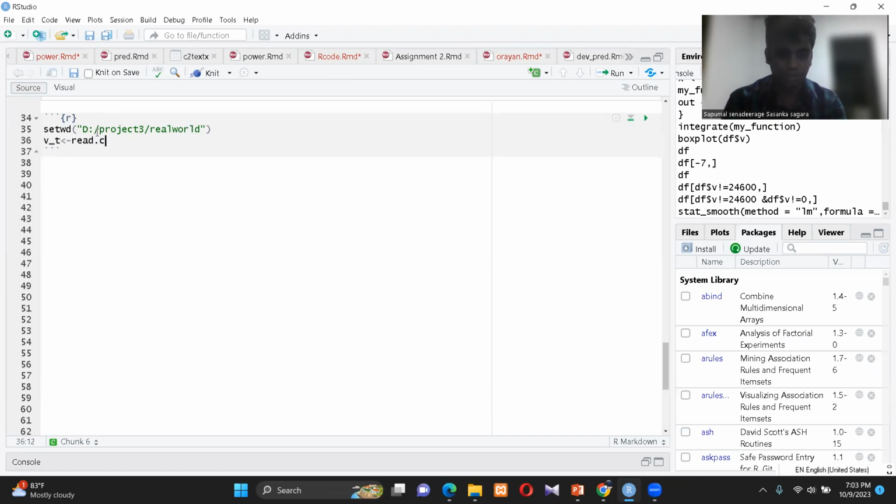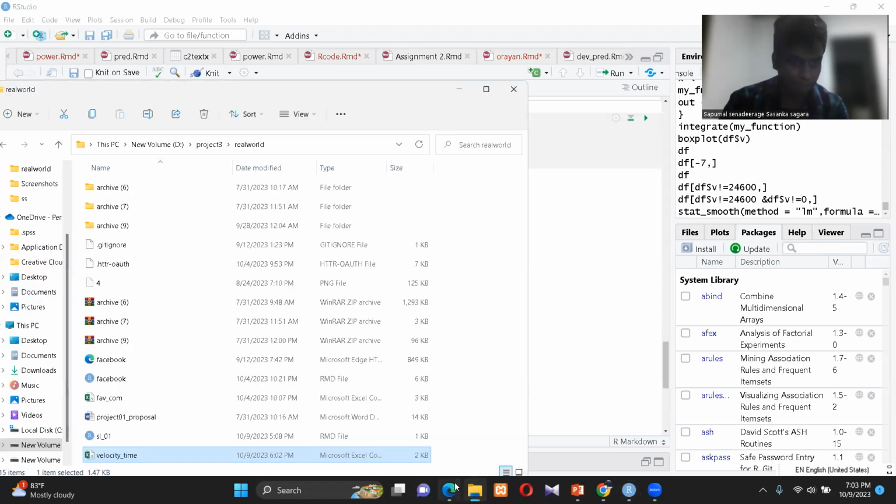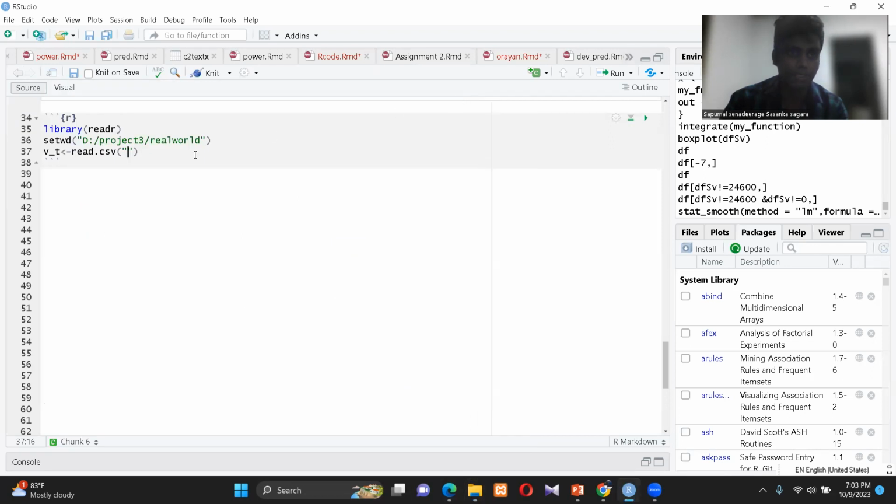Read.csv. The library readr is needed, right? Then read.csv. What's the name of the particular file? Velocity underscore type dot csv, right? Okay. Just a simple summary.